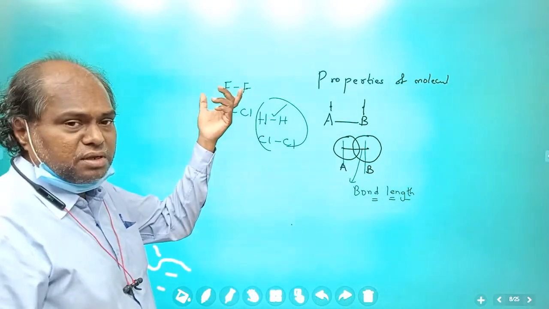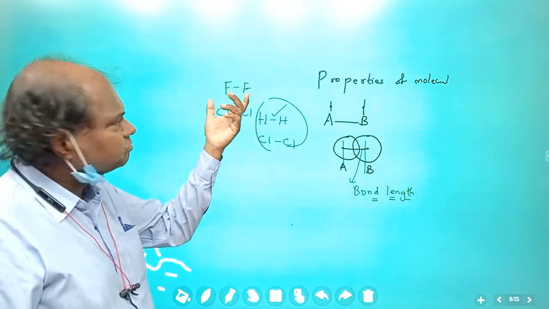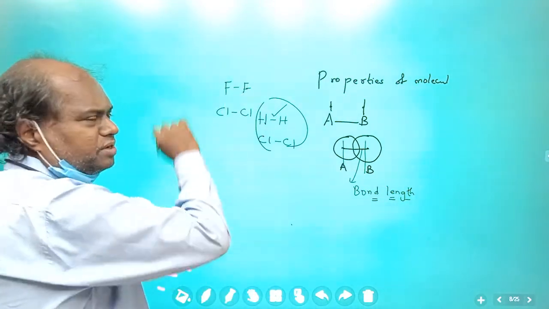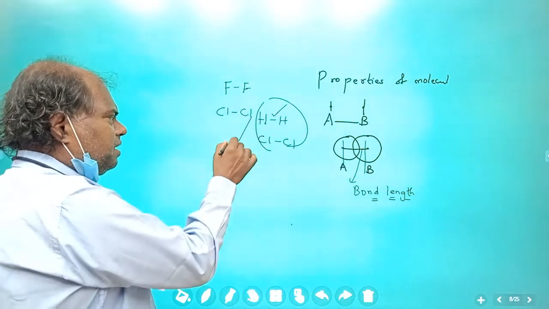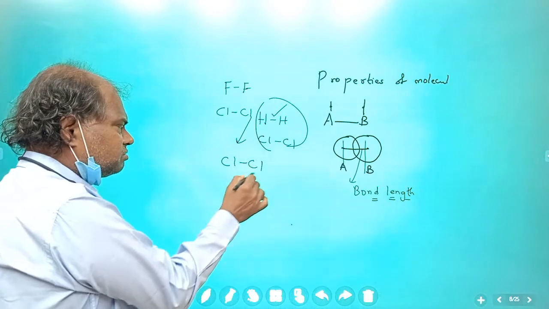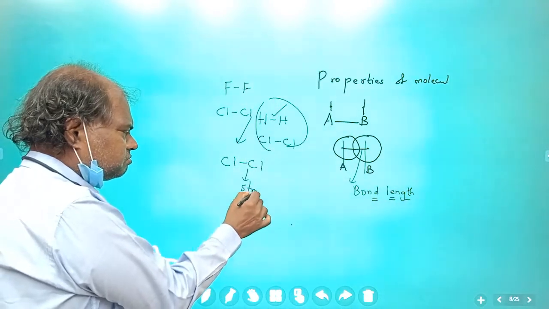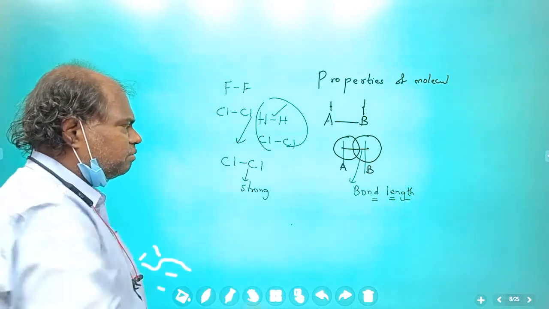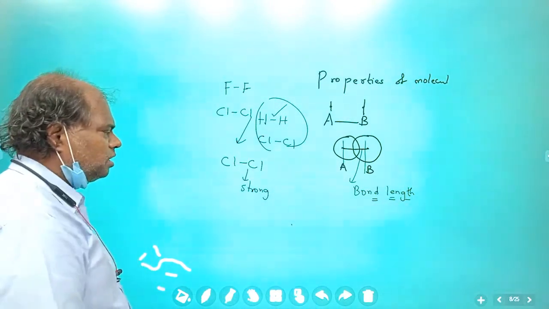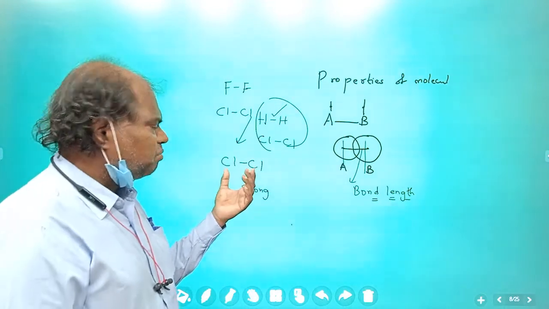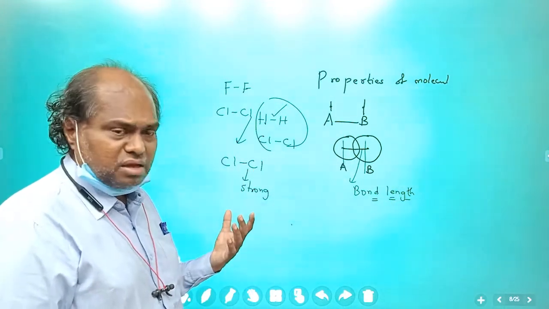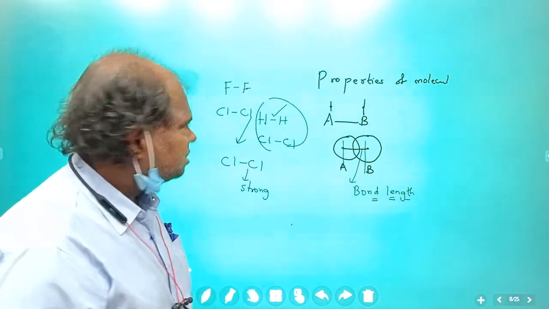We expect that F-F should be a very strong bond because the size of fluorine is very small. But when people did experiments, they found that the Cl-Cl bond is strong compared to the F-F bond. Or in other words, the Cl-Cl bond length is very small compared to F-F. Let's see the reason now.